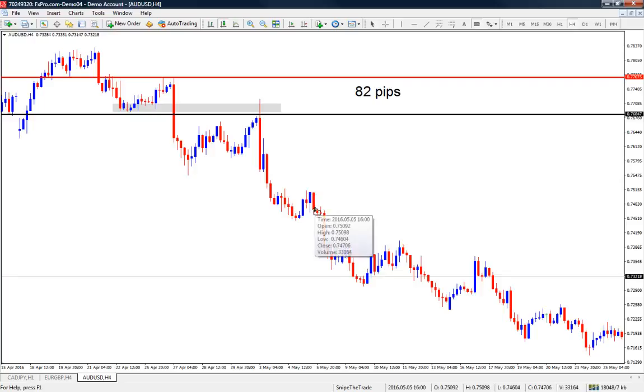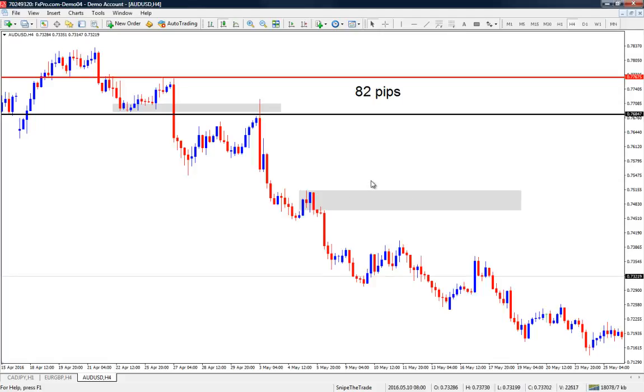And here we have the lines of the supply zone, okay? So we have the height of the candle and the complete zone right here, okay?